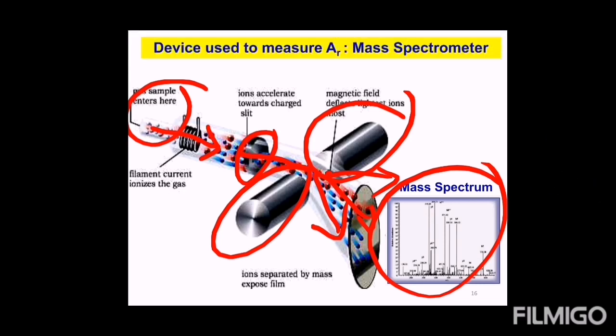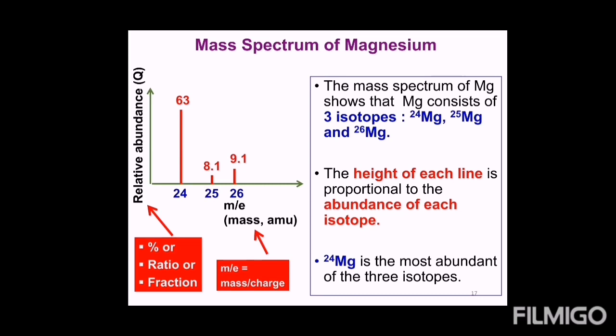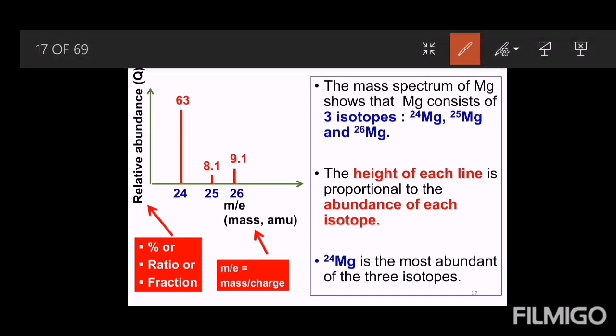Okay, here is the example for magnesium. You all can see the y-axis is the relative abundance, or the Q. It can be percentage, ratio, or fraction, right?